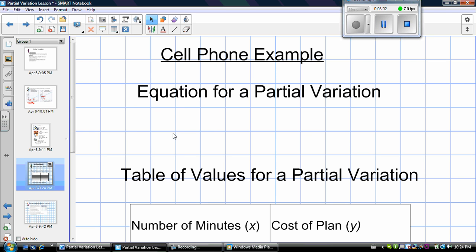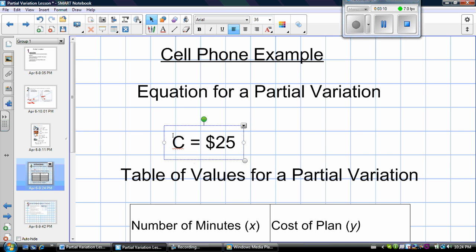So the equation for a partial variation: cost C equals $25 per month, that's the initial fee, plus 0.25, so 25 cents, n for number of minutes. So cost equals $25 plus 25 cents per minute, where n represents the number of minutes.